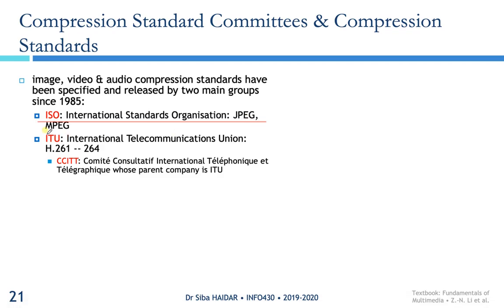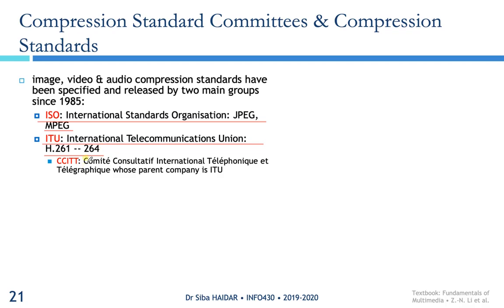It has released the JPEG and the MPEG standards, but it is not alone in the field. There is also the ITU, which is the International Telecommunication Union, which has released the H.261 and H.262, H.263 until H.264, and these are also very important standards.